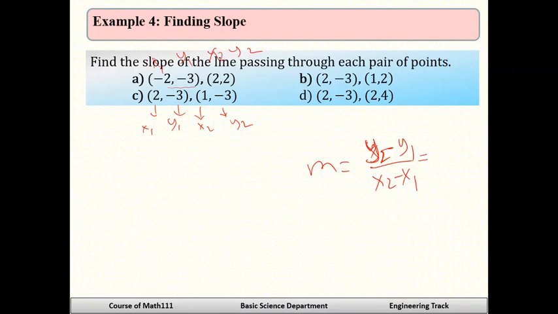One other thing I want to tell you here is you can switch them, but when you switch them, you have to switch this part also. So it means y1 minus y2 divided by x1 minus x2. So you see 2, 2, 1, 1, or 1, 1, 2, 2. This is important.